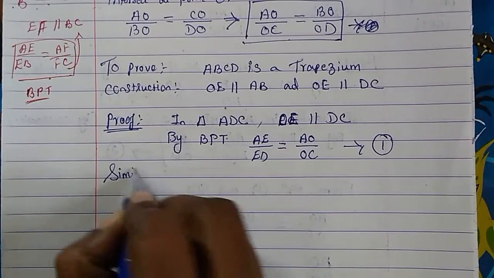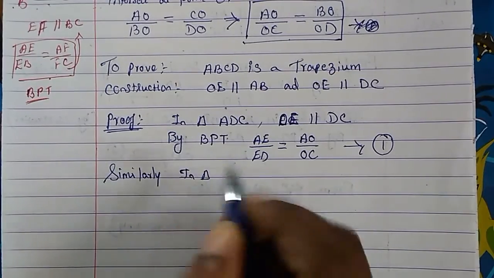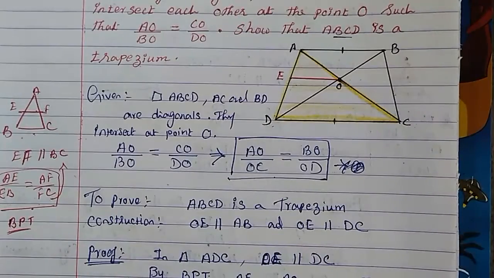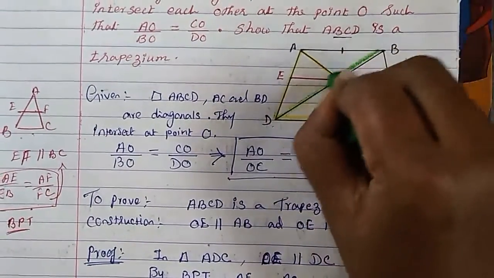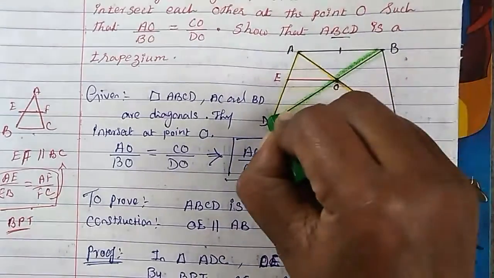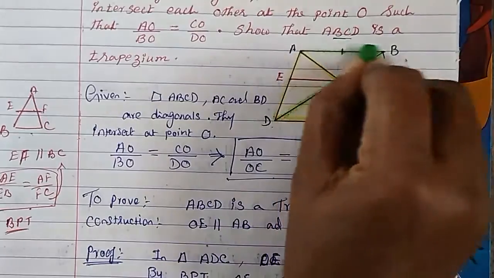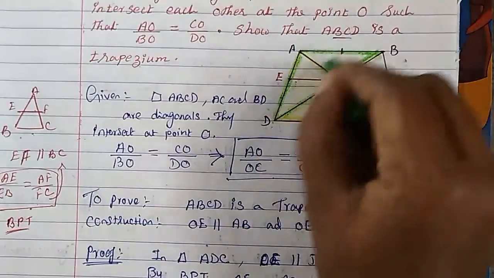Similarly, we have taken this diagonal, let's take the other diagonal. The other diagonal is BD. Okay, if you take this diagonal, then this line is parallel to AB. So this becomes our base, and this becomes another triangle.